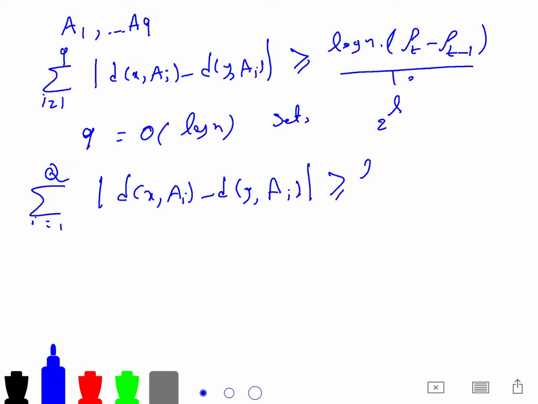This is greater than log n over 10, and we are now close to the telescopic sum, which is i from 1 to t hat plus 1, rho i minus 1.